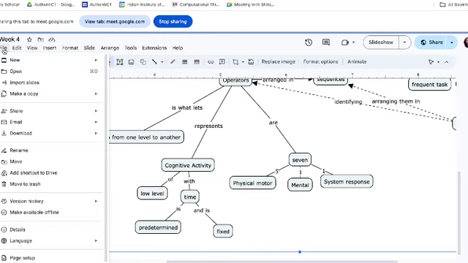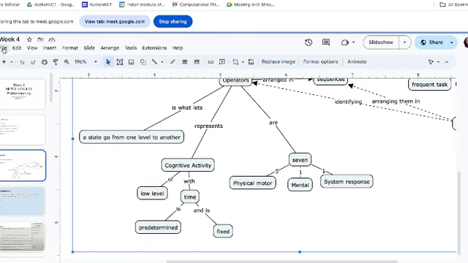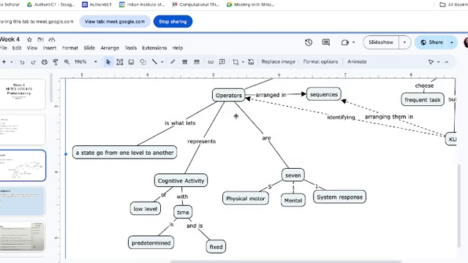So these decisions that I'm making represent a small scale cognitive activity that is time bound, with predetermined and fixed time, which becomes the operator for that particular action.